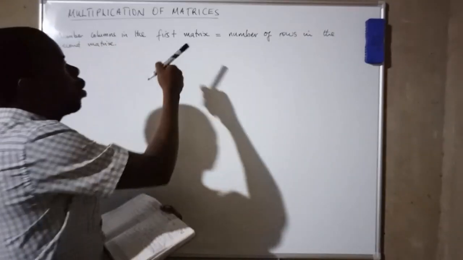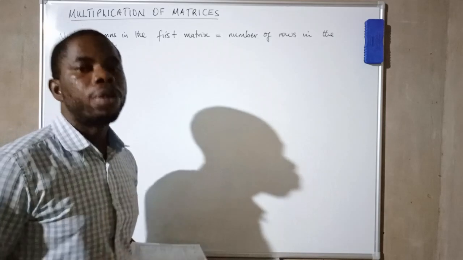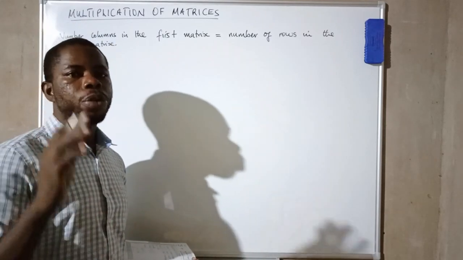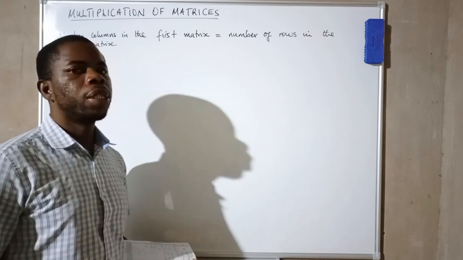Yeah, so if the number of columns in the first matrix is equal to the number of rows in the second matrix, then those matrices can be multiplied.